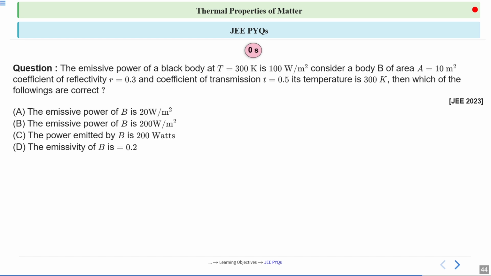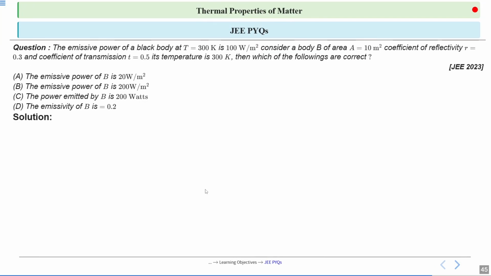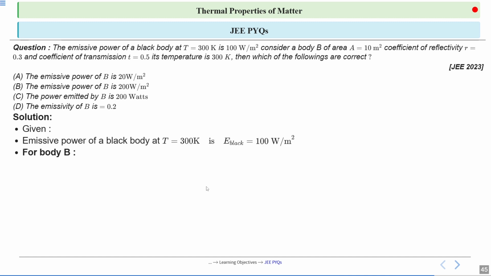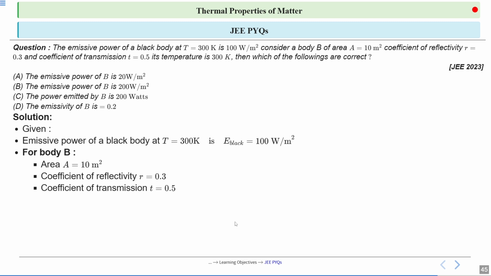Let's see the solution of this question. The given terms: the emissive power of a black body at T equal to 300 Kelvin is 100 watt per meter square. For body B, area is 10 meter square, coefficient of reflectivity R is equal to 0.3, coefficient of transmission T equal to 0.5, and temperature 300 Kelvin.